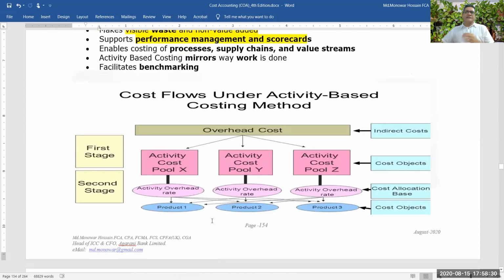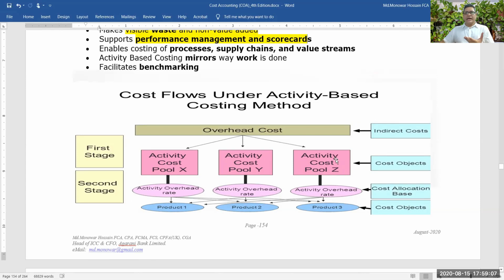So if we see here the cost flow under the activity-based costing method, the first stage is overhead, based on the overhead activity cost pool, multiplied by the rate. That means indirect cost comes to the cost object. All cost is put in the cost object separately, making the rate, the cost allocation basis, the activity overhead rate.